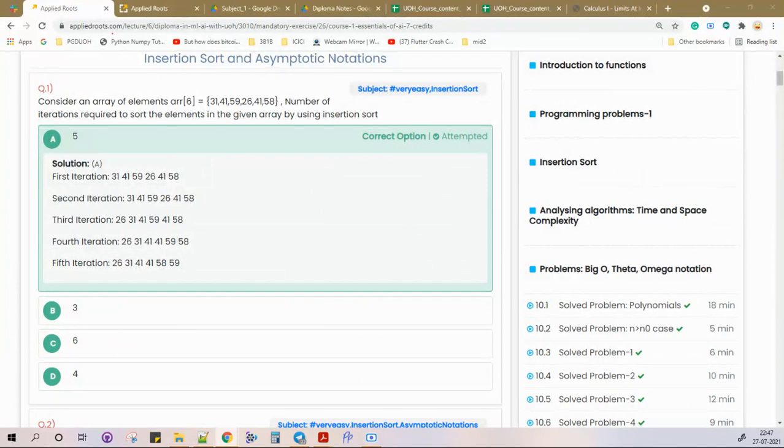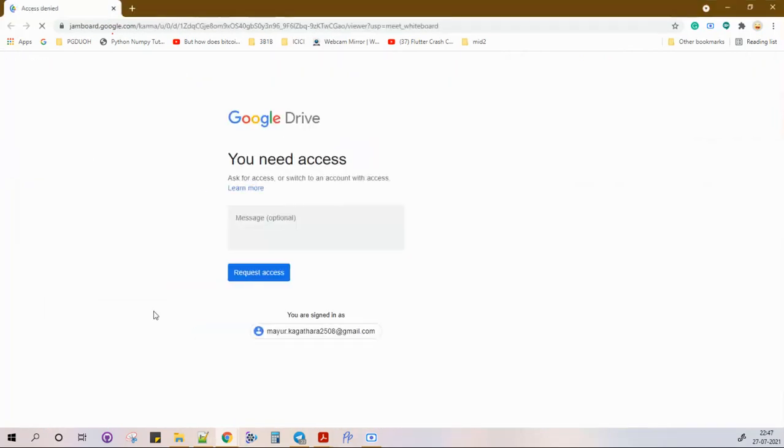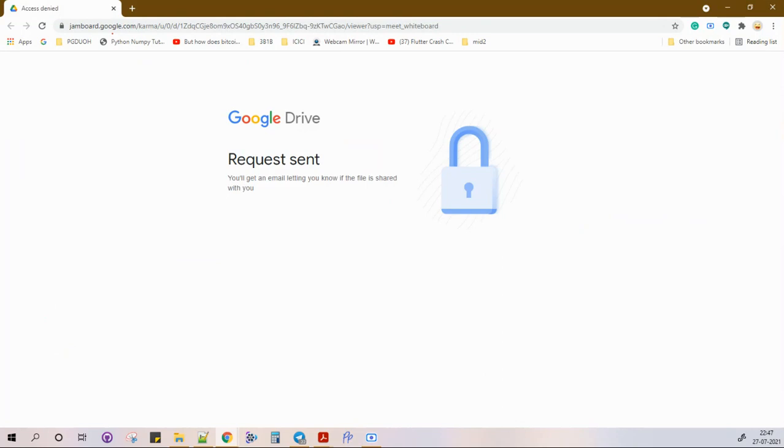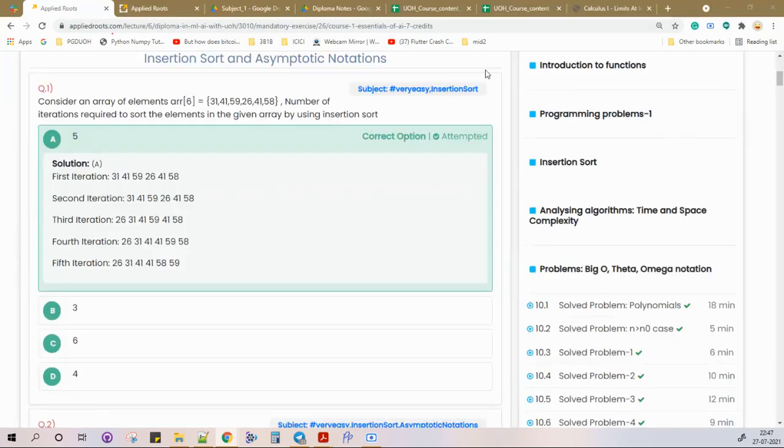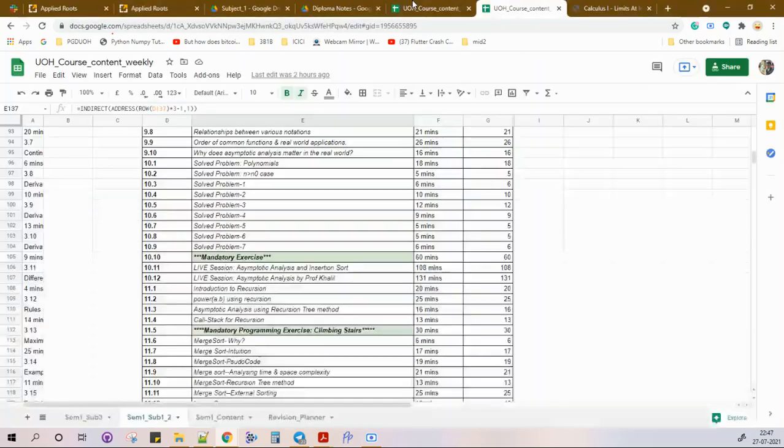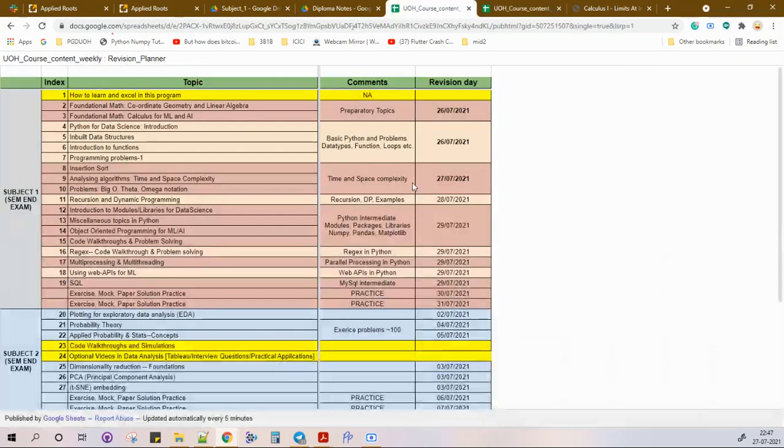Meanwhile, let me try to play with that Jamboard. Request sent. Log star is iterated log. Okay. Just take a break.